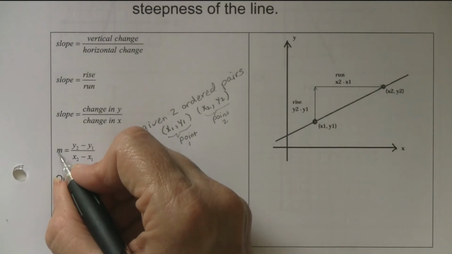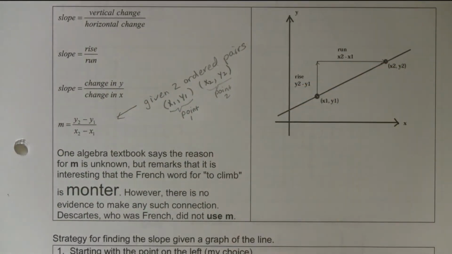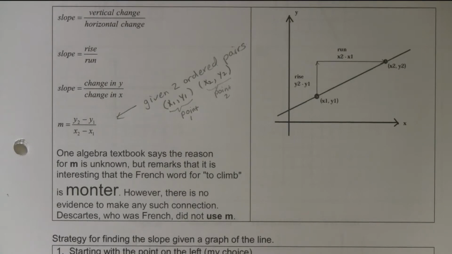M is the variable used for slope. I put a remark about possibly why M was chosen. The whole Cartesian coordinate system was come up with by a guy named René Descartes, and he was French.